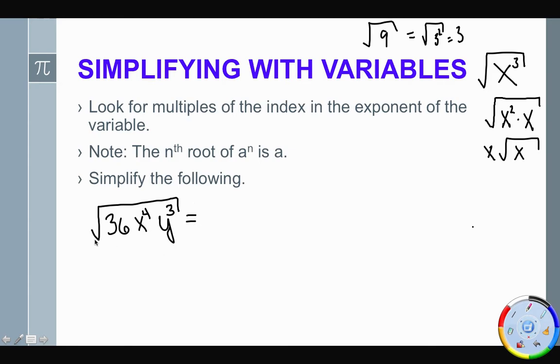Because we're looking at the square root, we're looking for squares. To use the numbers here, we know that 36 is a square. It's the square of 6. So we're going to write that as 6 squared.